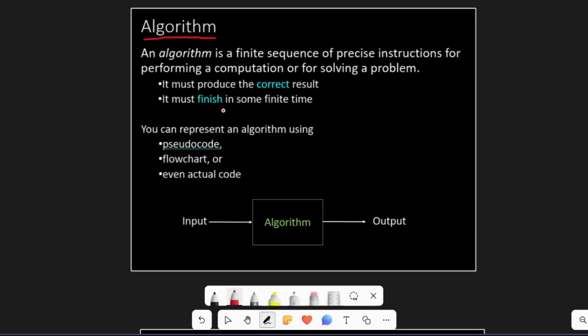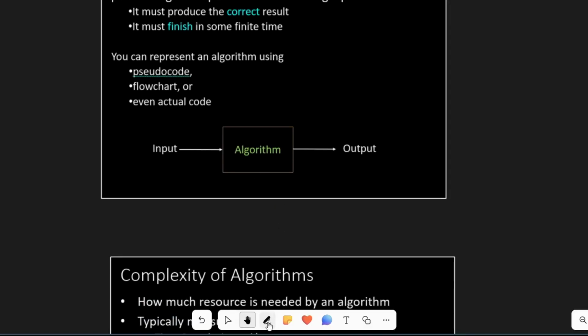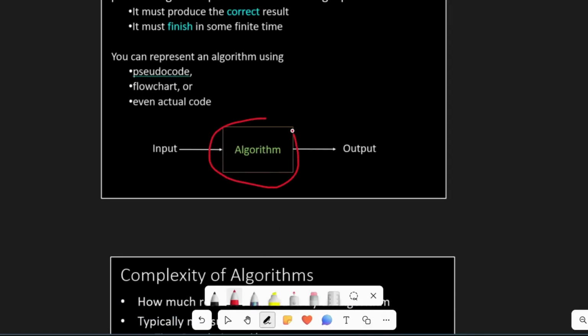It must finish in some finite time. You can represent an algorithm using pseudocode, flowchart, even actual code. You can see here there is an input, then our algorithm, then this is the output. Basically, what is algorithm? Algorithm is a process to solve a problem.